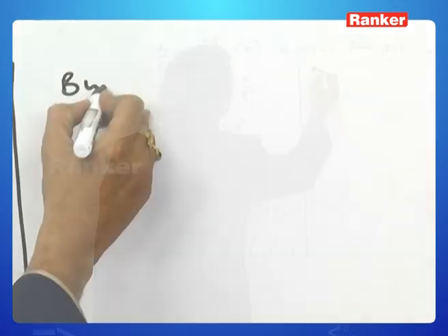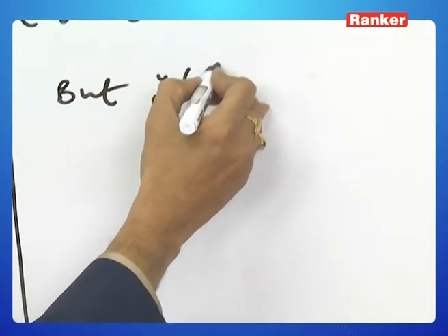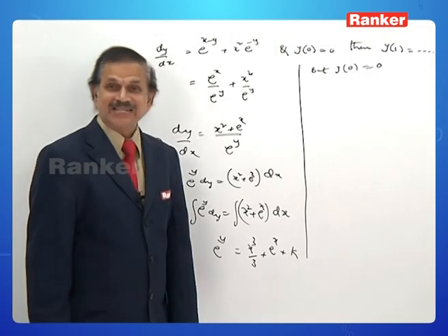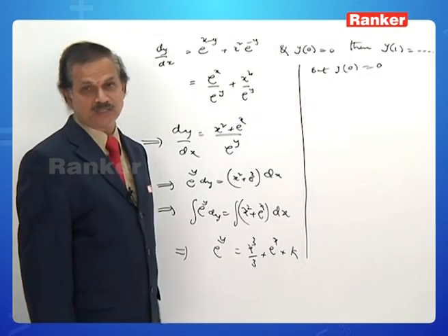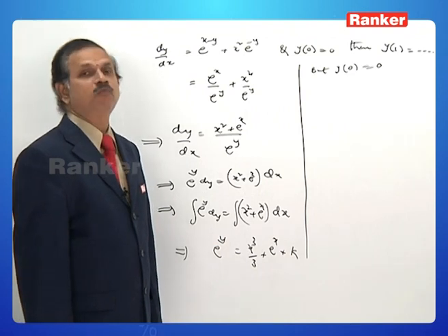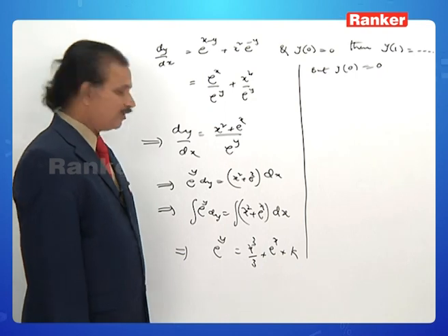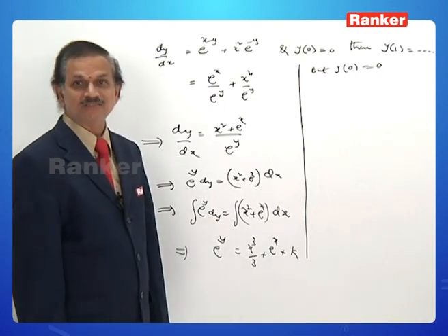But y at 0 is 0. What is the exact meaning of that? The value of y at x equal to 0 is 0. So it passes through the origin, isn't it?